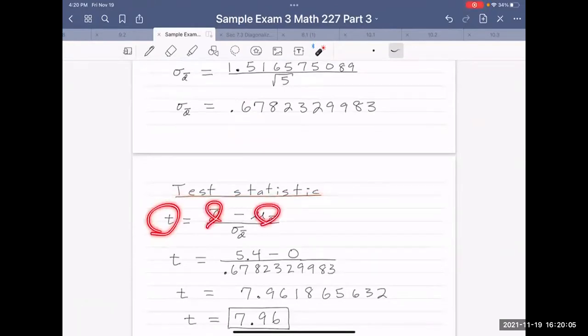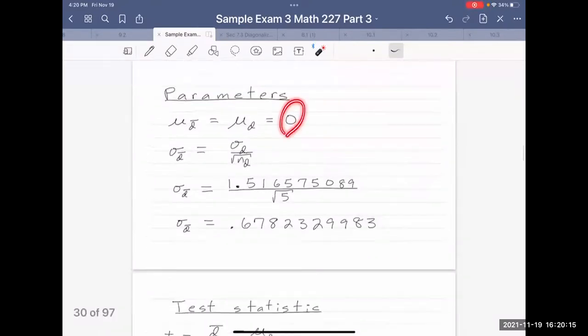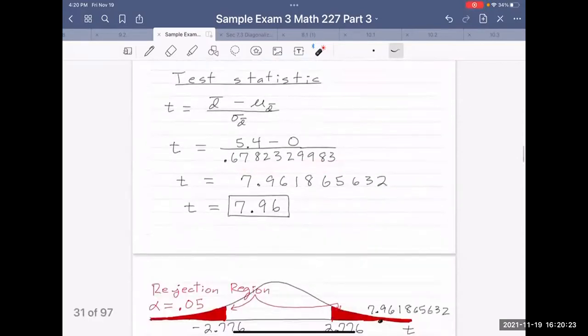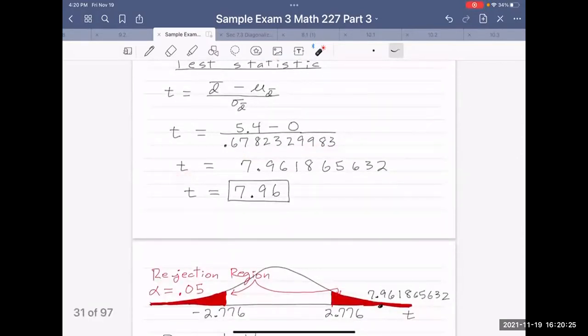So my test statistic: t equals the sample mean, which we found to be 5.4, minus mu, which is 0, over 0.67823299983. And so I get that t, the test statistic, is equal to 7.961865632.